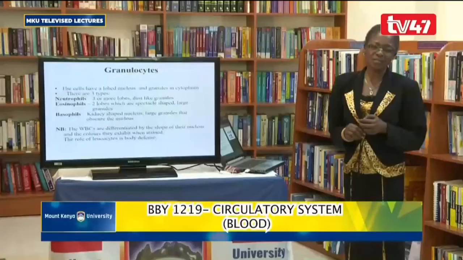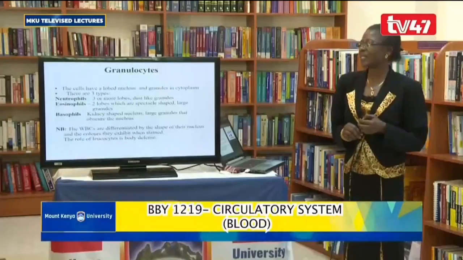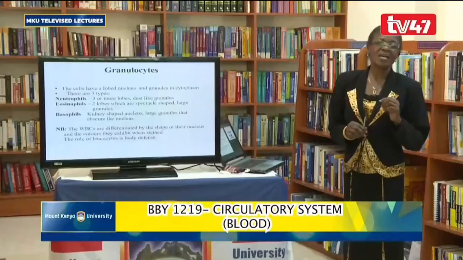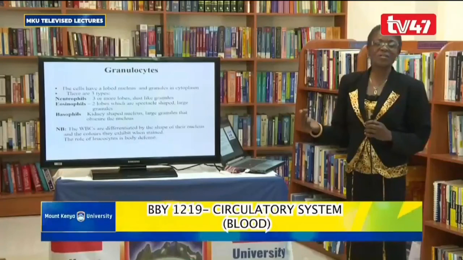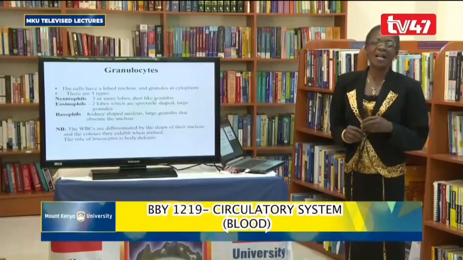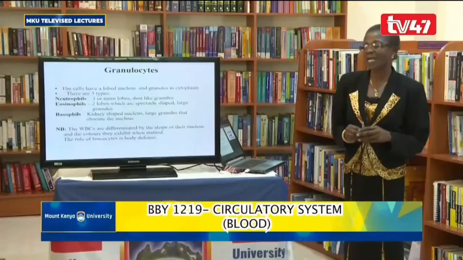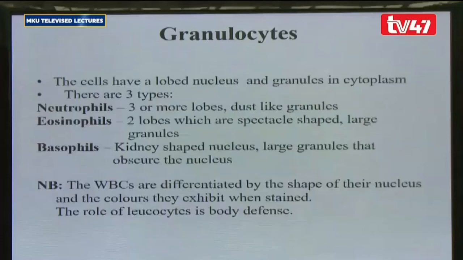To differentiate the three, the neutrophils have 3 or more lobes and very fine granules in the cytoplasm. The eosinophils, on the other hand, have 2 lobes in the nucleus, so we say the nucleus is spectacle shaped, and they have larger granules in the cytoplasm. The basophils have a kidney-shaped nucleus and very large granules in the cytoplasm that almost obscure the nucleus.